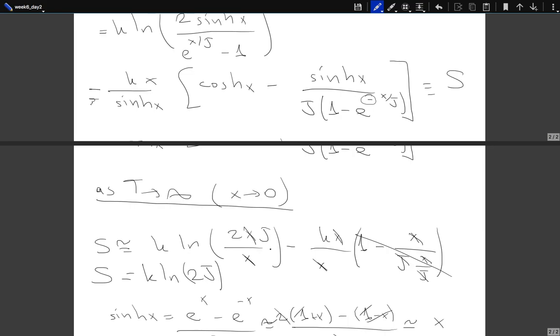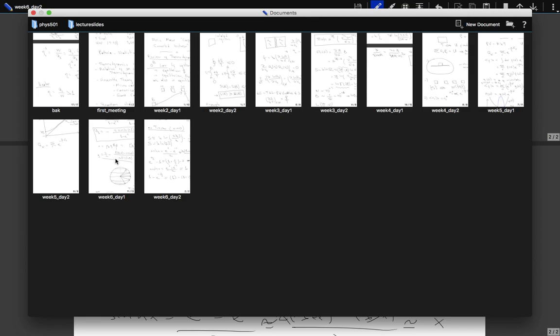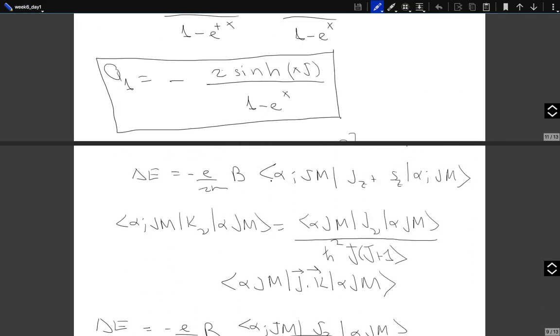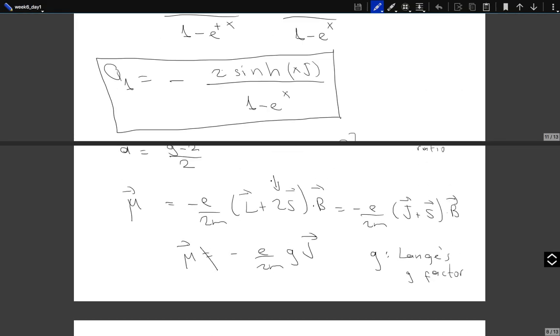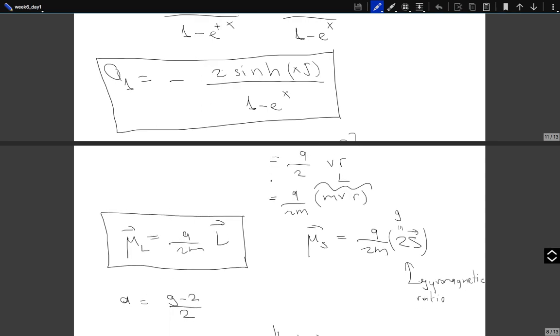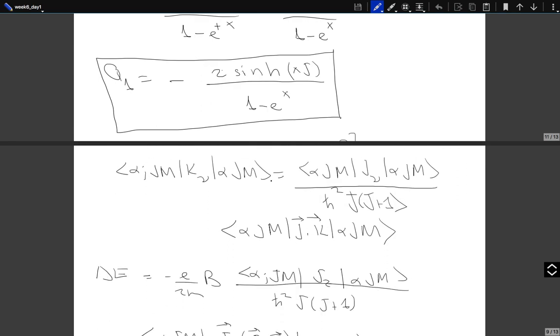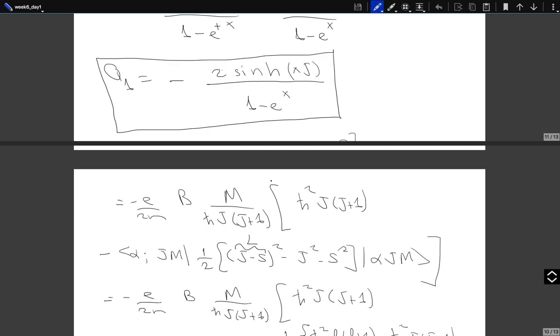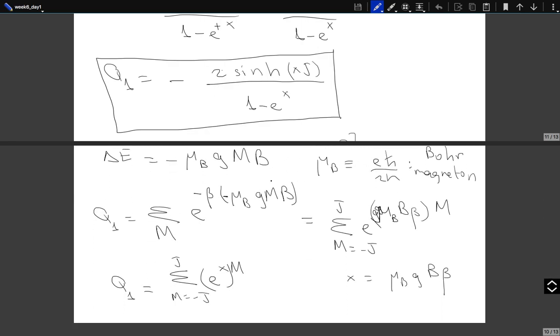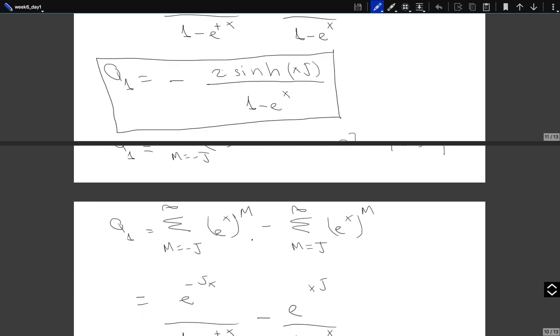And I know where it is wrong. Let's go back to our derivation of yesterday. When we were calculating Q1, when we were doing that summation, here, this is where we made the mistake.